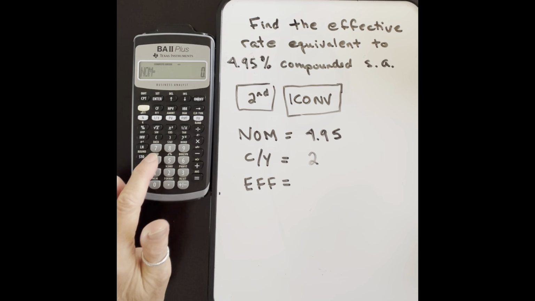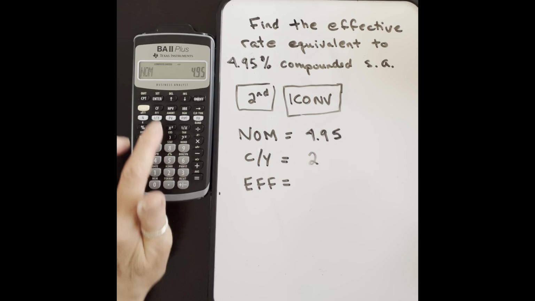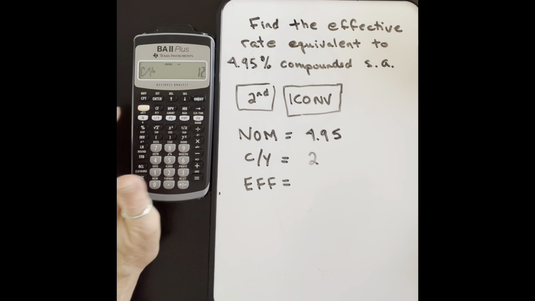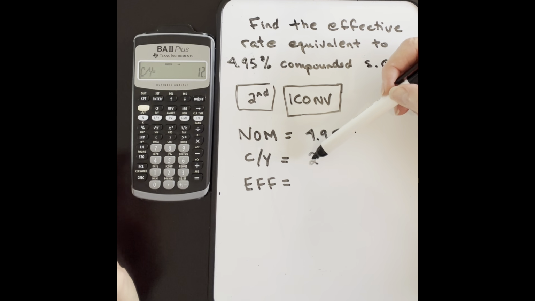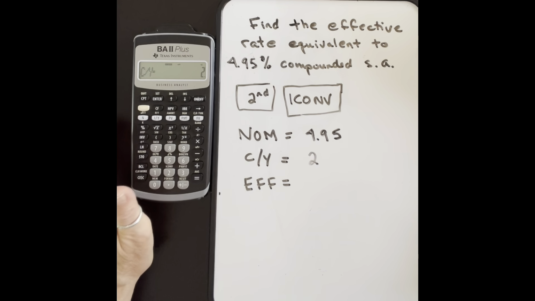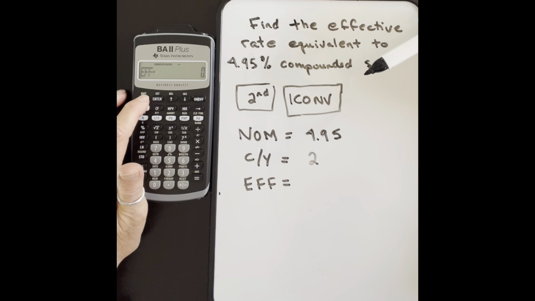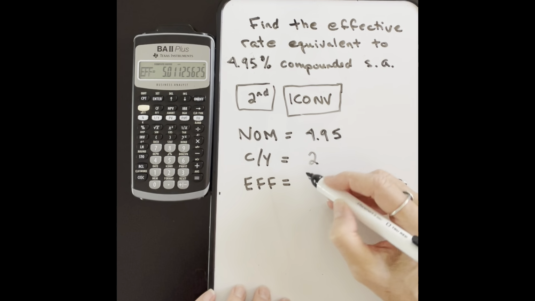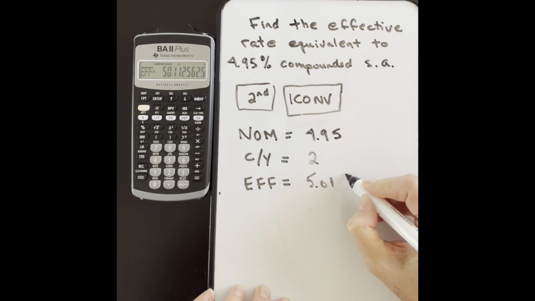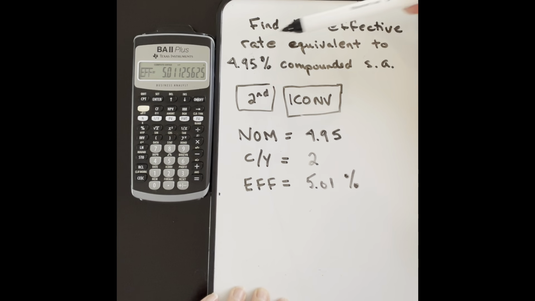Enter the nominal rate of 4.95, press enter, arrow. The compound periods per year, 2, enter, arrow. Now let's compute this: 5.01%. So we've changed the nominal interest rate of 4.95% compounded semi-annually to an effective rate of 5.01%.